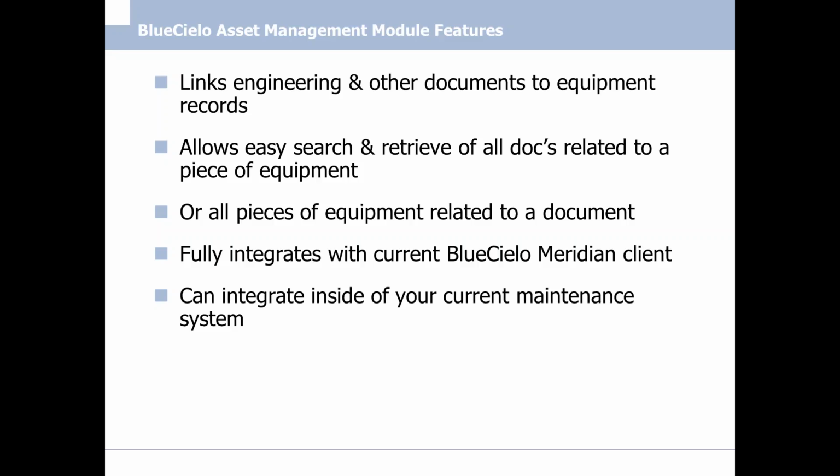Or you can go to a document and see all the pieces of equipment it relates to. And that's fully integrated within the Meridian client and can be fully integrated inside your maintenance system.